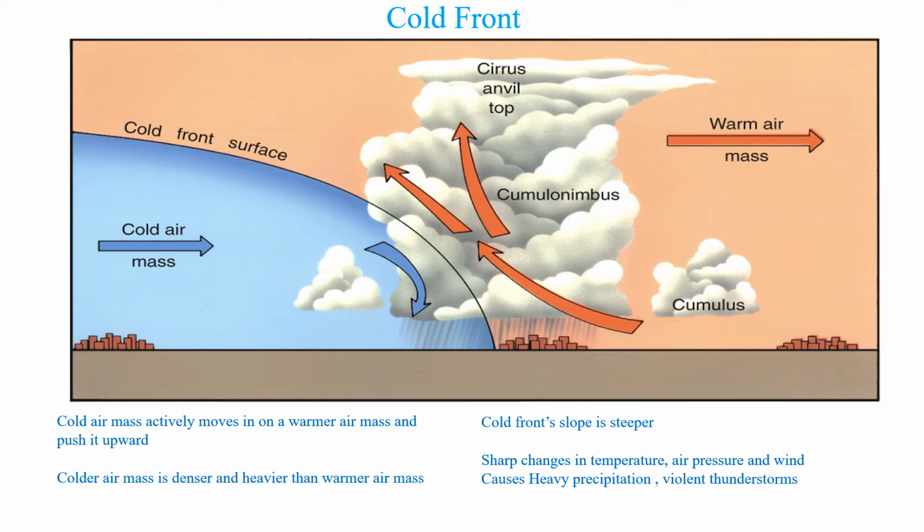And in brief, the nature of cold front would be that the cold front slope would be steeper. Cold air is denser and heavier than the warm air, so we see the front is steeper, sharp, so we will also see sharp changes in temperature, air pressure, and also wind.